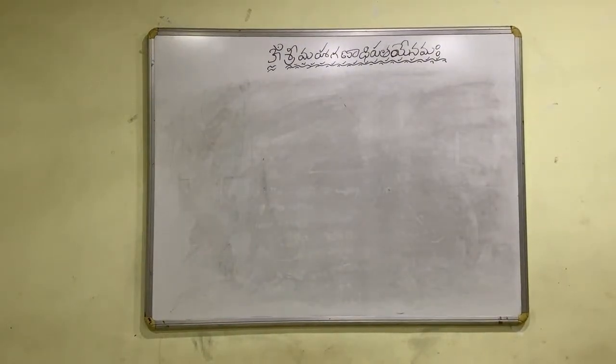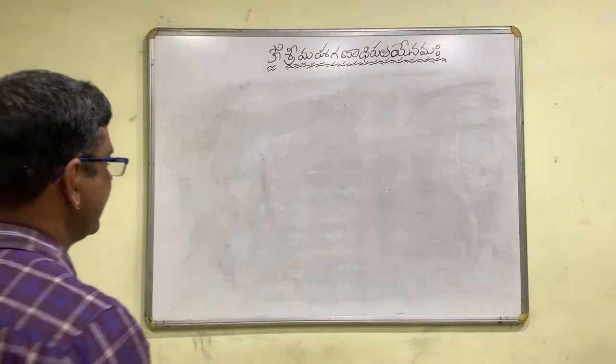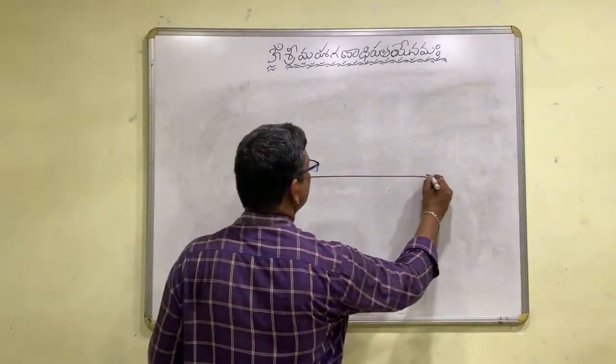Anyone? What do we call them? Two, very good. Sahasra, good. Linear pair.